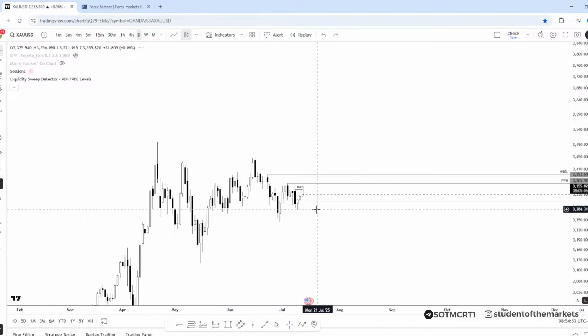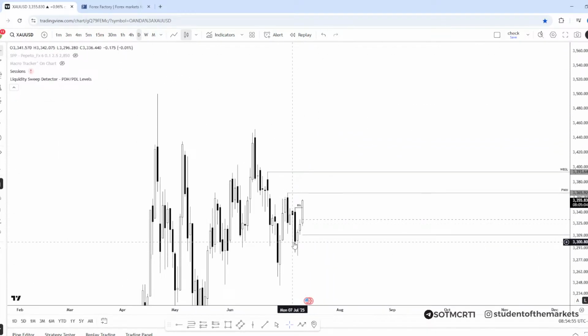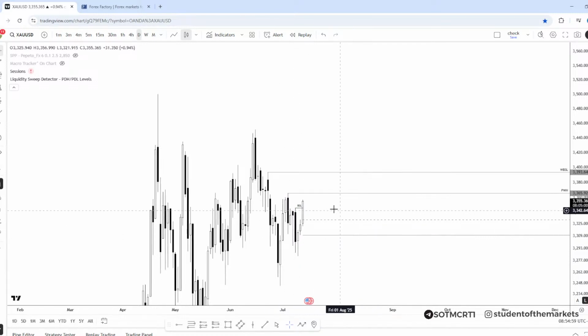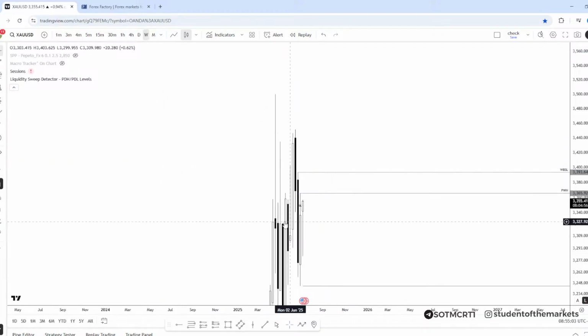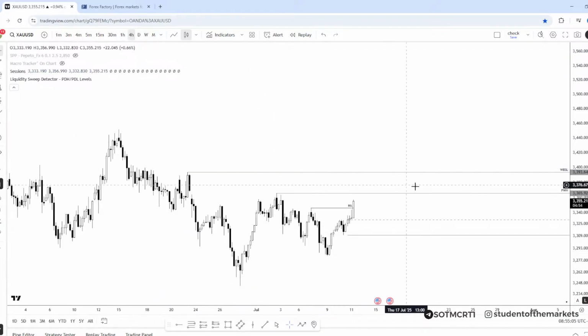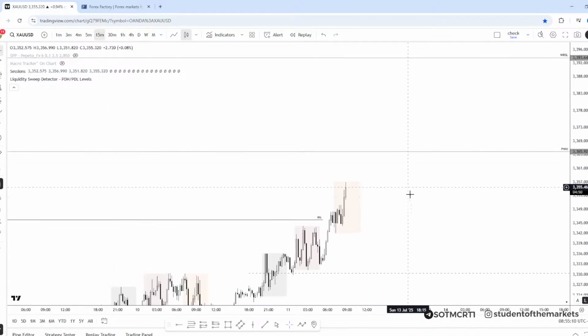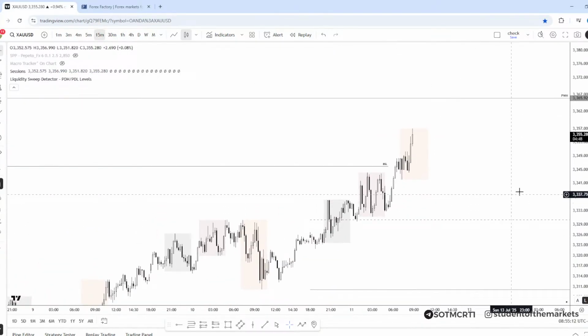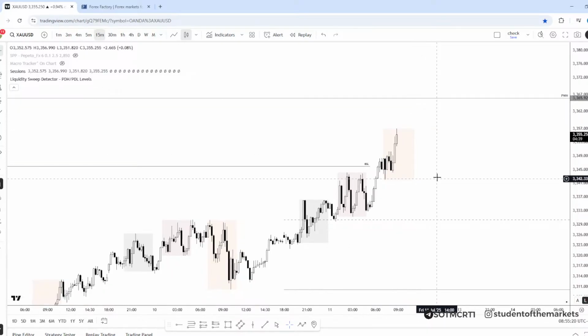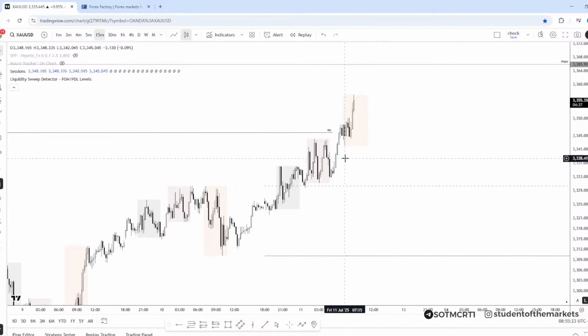And on the daily time frame, you can see that price already finished the CRT by sweeping the buy side liquidity here, and now price keeps pushing to the upside, because on the weekly time frame we also have the CRT, right? So the only question is, can we look for sells or buys today? In my opinion, the sells look much better, but buys can happen as well to the upside. But we will see, guys, how price sets up.